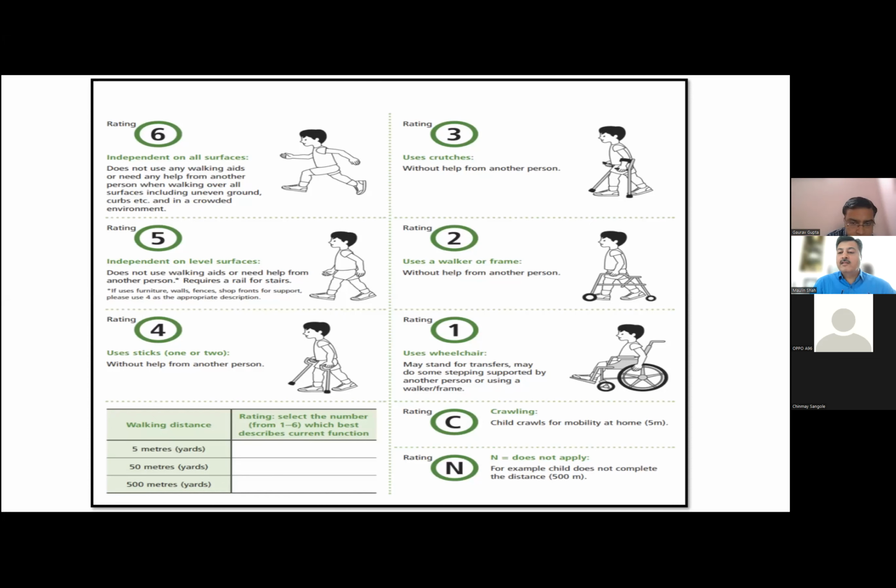Dr. Tejas Patel is here, a very senior and experienced neurodevelopmental therapist from Ahmedabad. Tejas, do you use GMFCS and FMS in your practice? Yes, we quite commonly use this GMFCS in our common practice, especially when discussing with fellow colleagues and orthopedic surgeons.